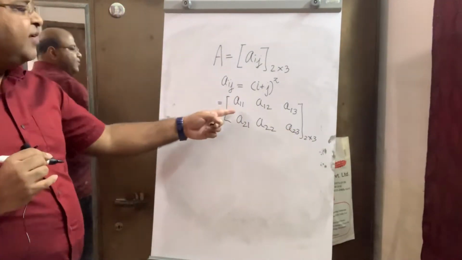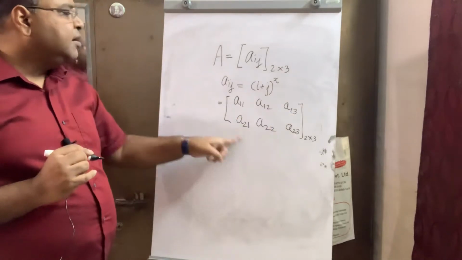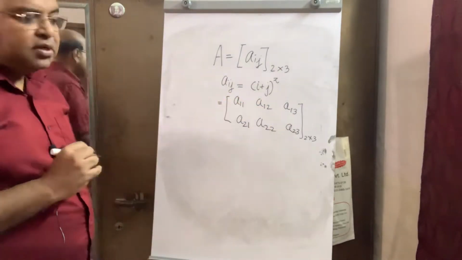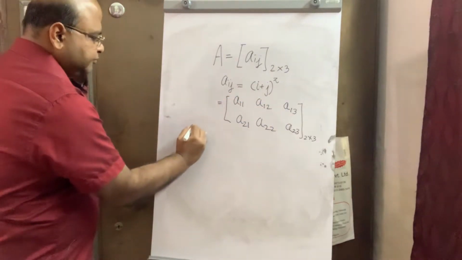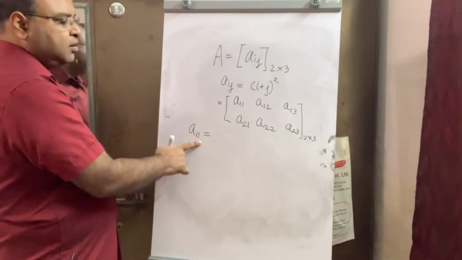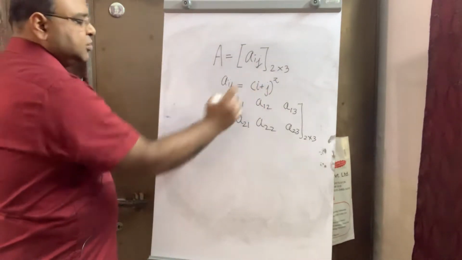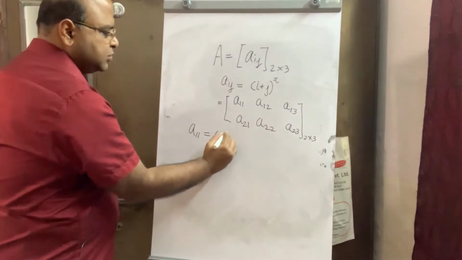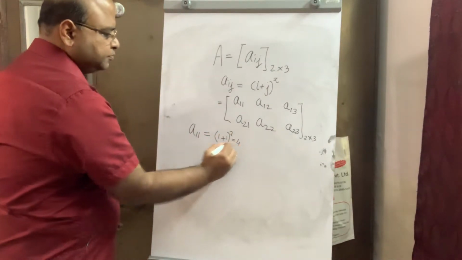Now we can simplify each and every element by this functional relation. Likewise for A11, both the suffixes i and j take the value 1. So the rule is i plus j whole square, which becomes 1 plus 1 whole square, which is 4.